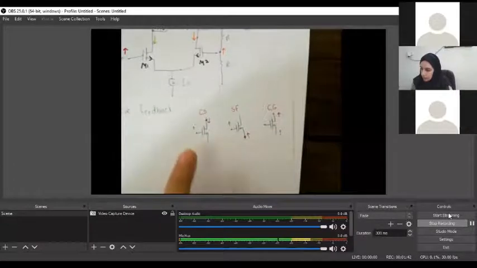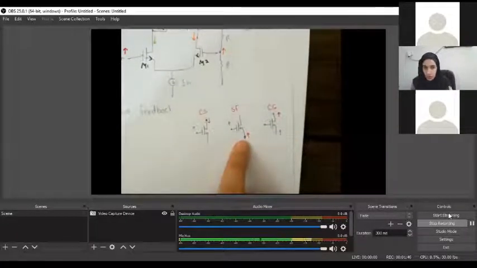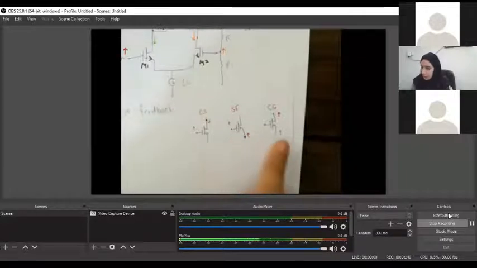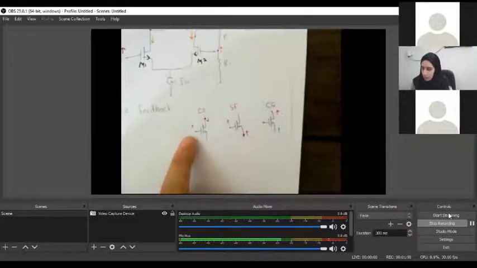We have a common source, a source follower, and a common gate. In the common source and the source follower, the input is applied on the gate of the transistor.